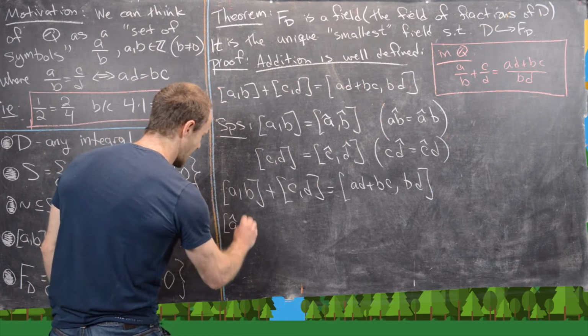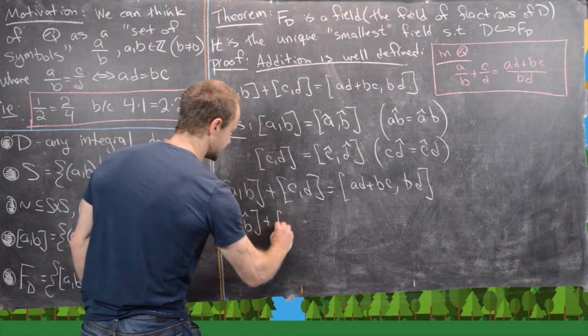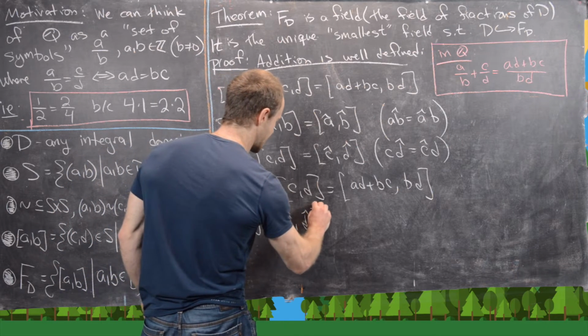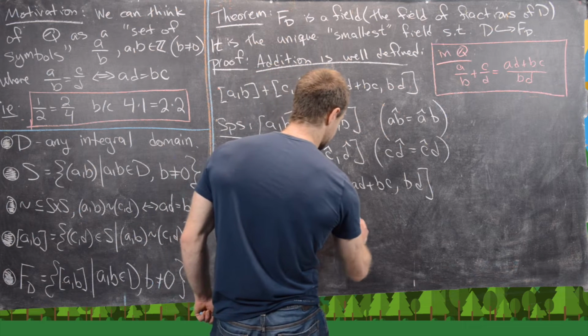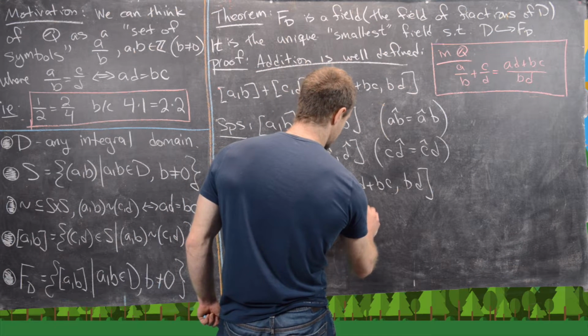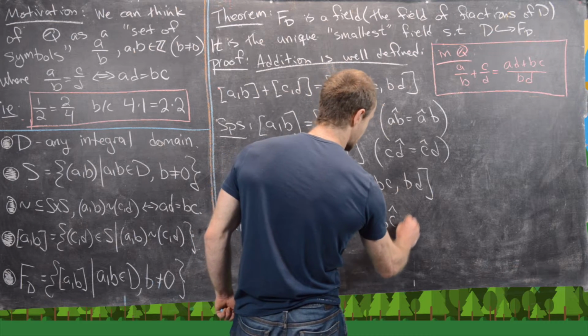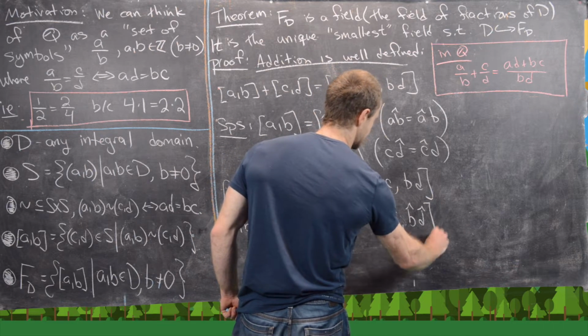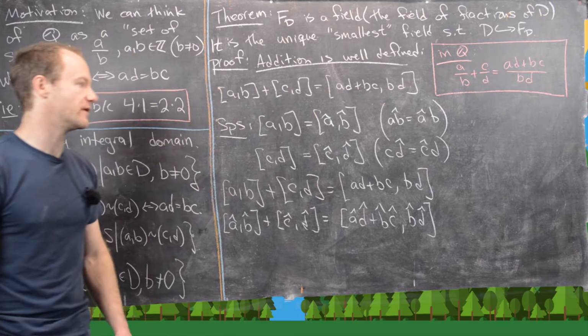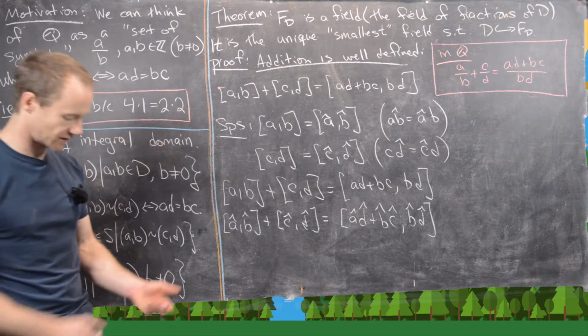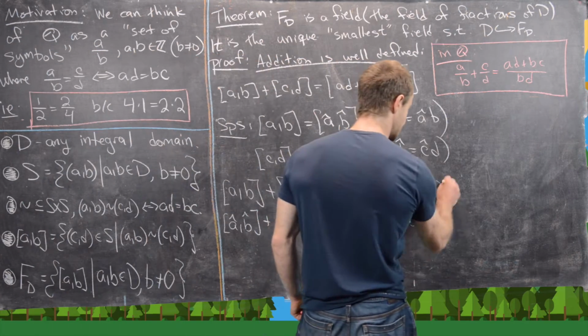So we'll have (A hat, B hat) plus (C hat, D hat). So notice that's going to give us (A hat D hat plus B hat C hat, B hat D hat). And what we want to show is that those two are equal to each other. So let's point that out. This is our goal.